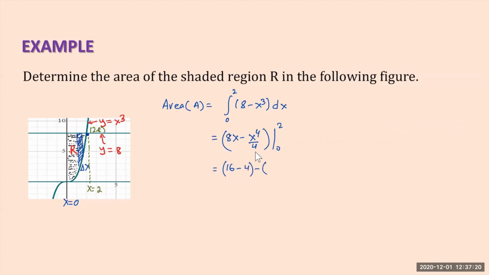Minus, and plug in the lower limit. If you plug in 0, 8 times 0 is 0. Minus 0 raised to 4 over 4 is also 0. So the second term is completely 0. The first one is 16 minus 4, which is 12. So we get the same result by integrating with respect to x. So you can integrate with respect to x or with respect to y, and you will get the same result.